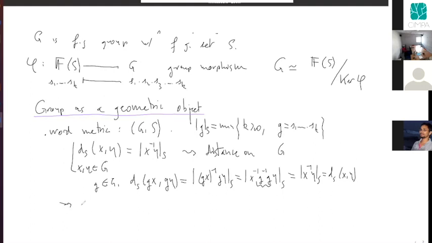An isometric action of G on my metric space G, with the word distance with respect to S. Okay? So this remains rather abstract at this point.